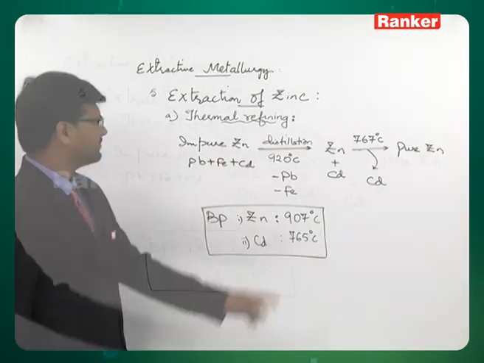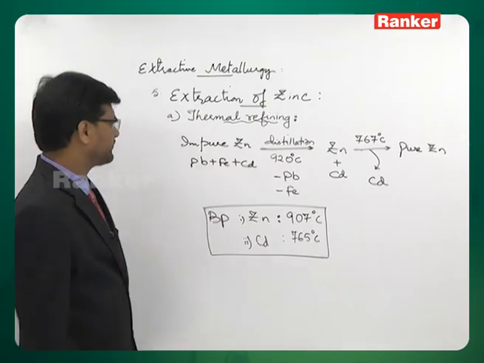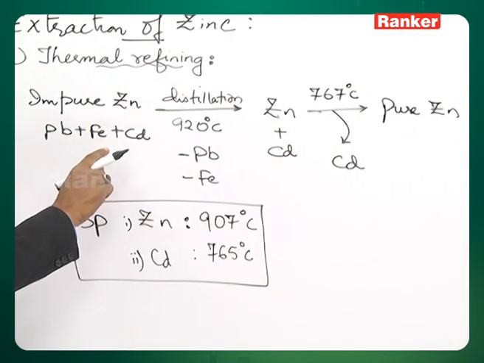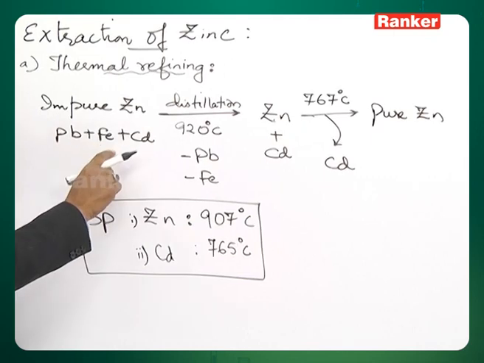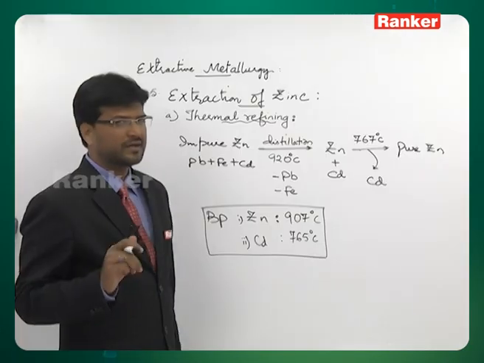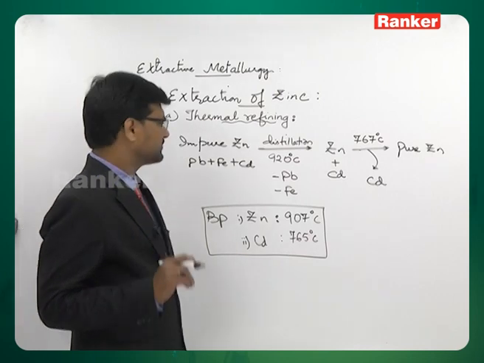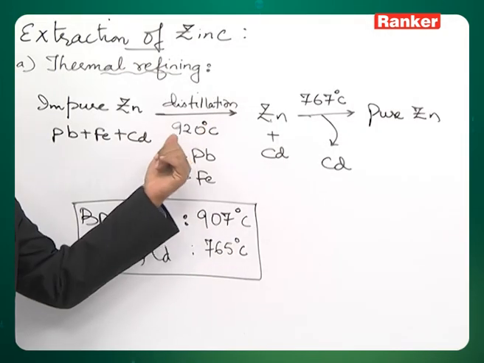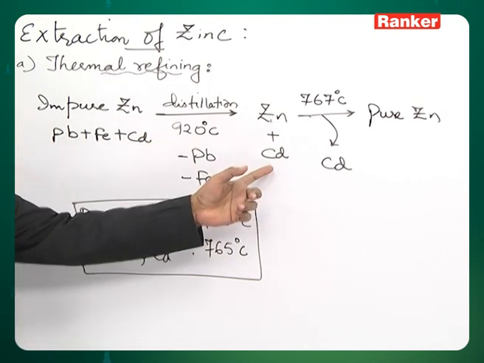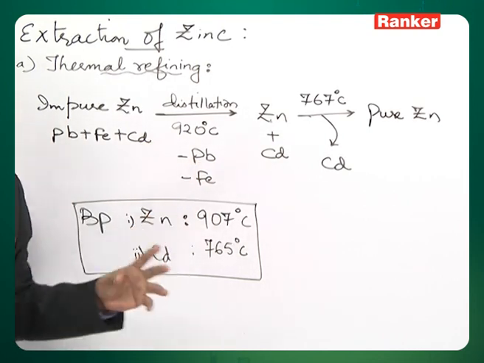Look at this thermal refining of zinc metal. We start with the impure zinc. There are three impurities which are very often present: lead, iron and cadmium. We do distillation. Keep in mind that the boiling point of zinc is very low. We distill it at 920 degrees Celsius and zinc comes out along with cadmium. Lead and iron are left out.